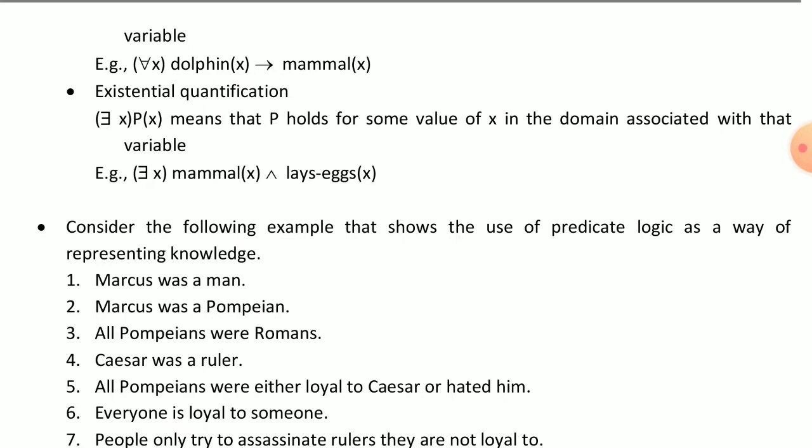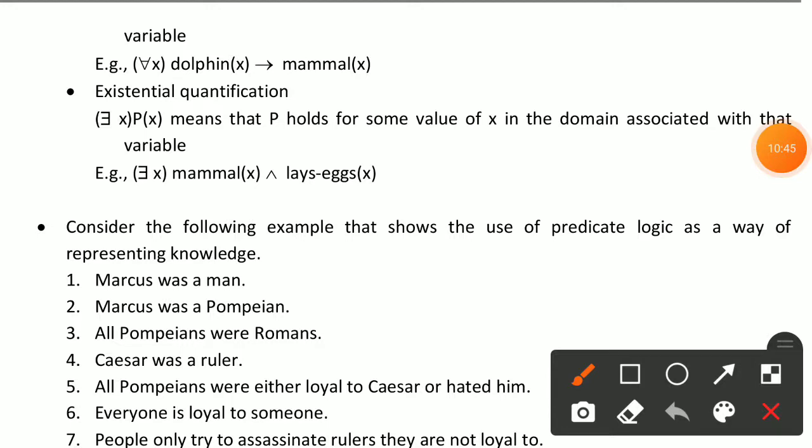So here we can write the example like this. There exists x, mammal x and lays x. We all know that mammal is one fish and fish gives the x.